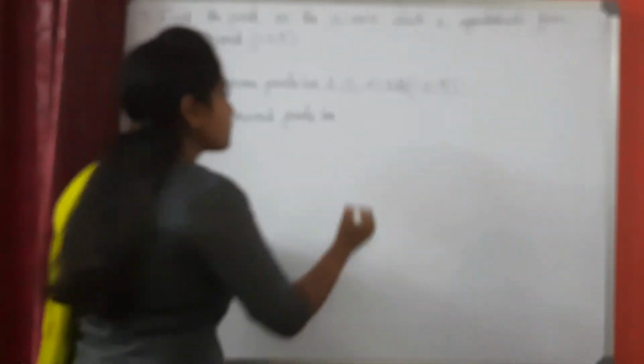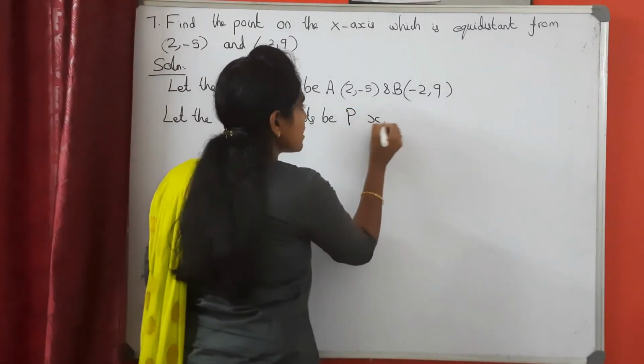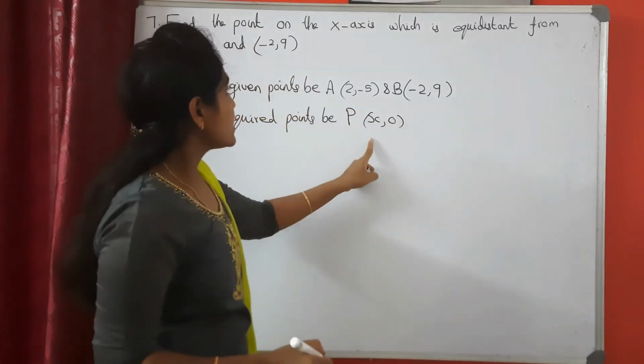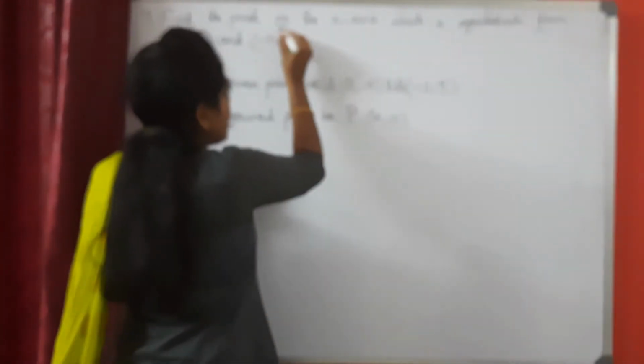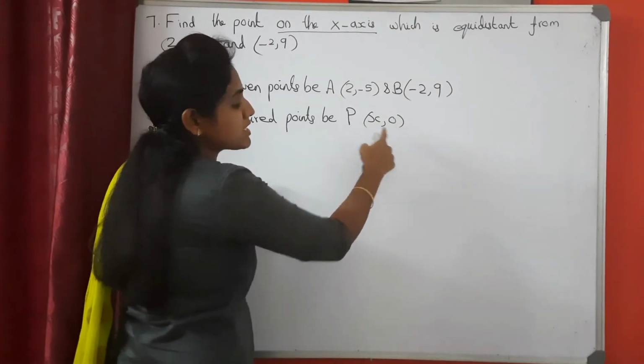Let the required point be P of (x, 0). Why? They are saying the point is on the x-axis. On the x-axis means (x, 0).